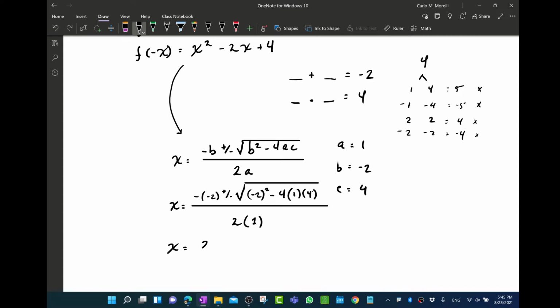So x equals 2 plus or minus the square root of, and now we remember negative 2 squared would just be 4. So 4 minus, and then we have to be careful here. Okay. So order of operations is extremely important at this stage. At this particular part, it always gets people screwed up. So remember PEMDAS. And I know you do remember PEMDAS. I'm just writing it out.